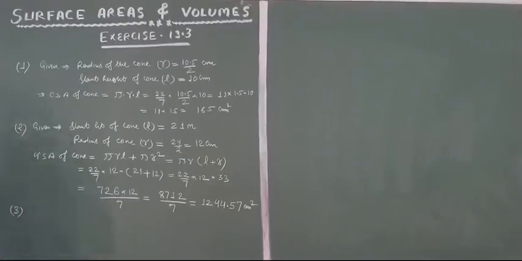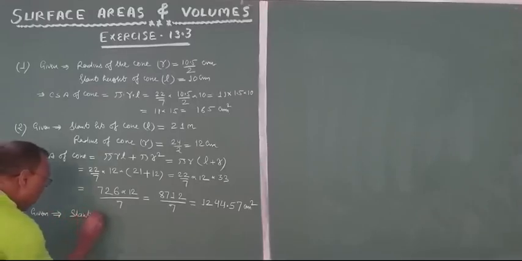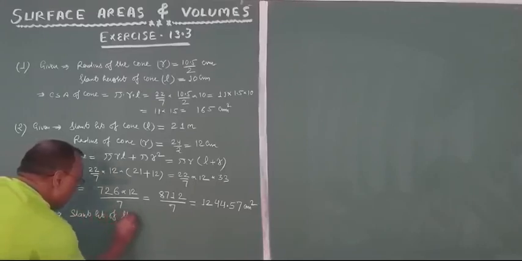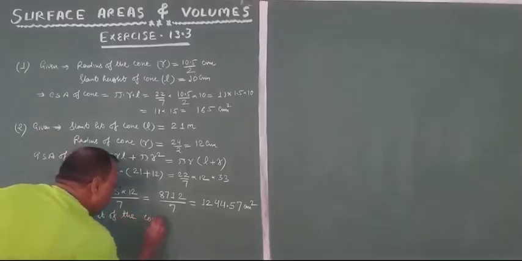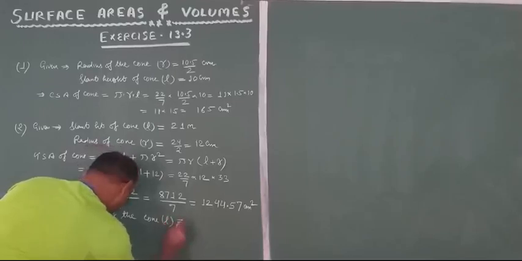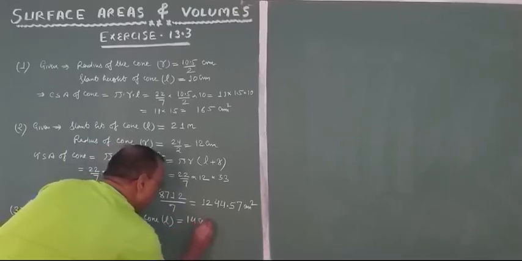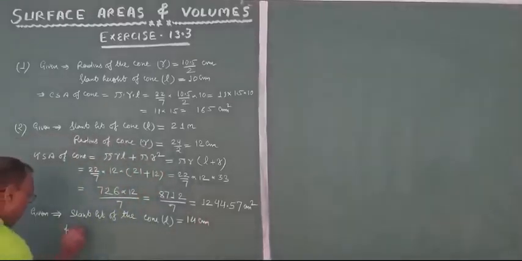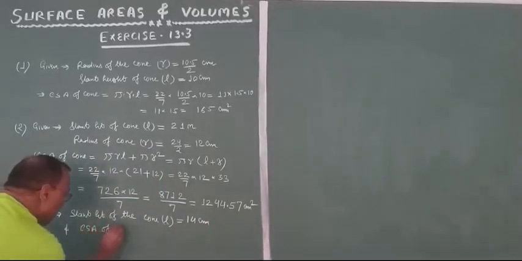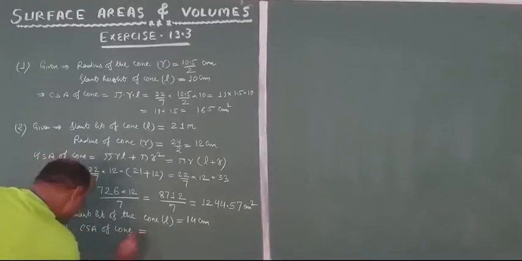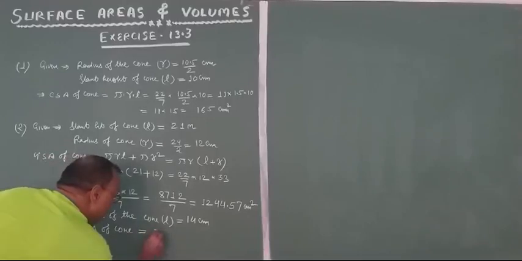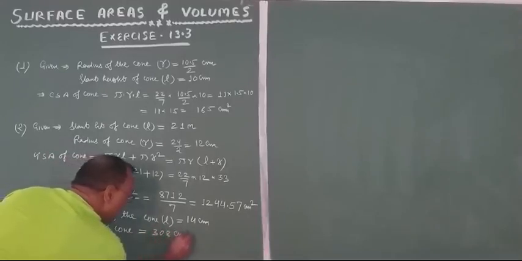Okay. Now this is question number 3rd. Curved surface area of a cone is 308 centimeter square and its slant height is 14 centimeter. Given, what you are given, slant height of the cone, this L is given 14 centimeter and the CSA of cone is given 308 centimeter square.